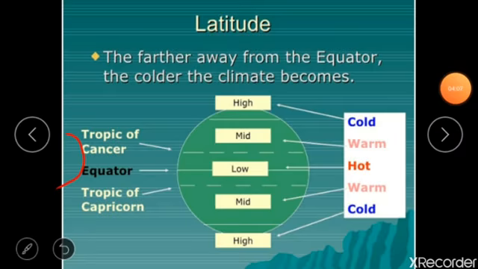Why does this happen? We have already discussed that the sun's rays become slanting as we move away from the equator, but they are direct and vertical over the equatorial region. So this becomes the reason of differential heating and cooling of the lands of different zones of the earth.